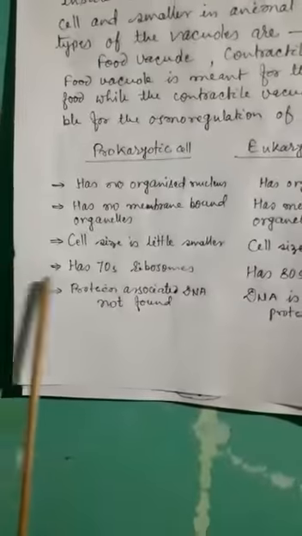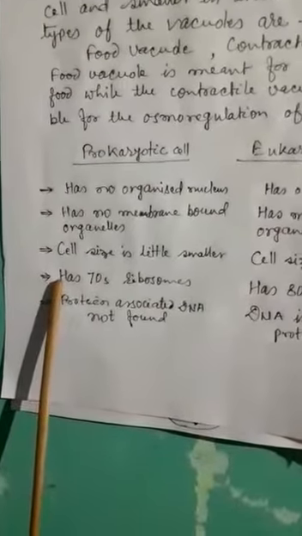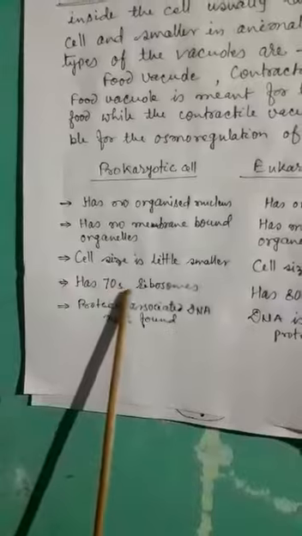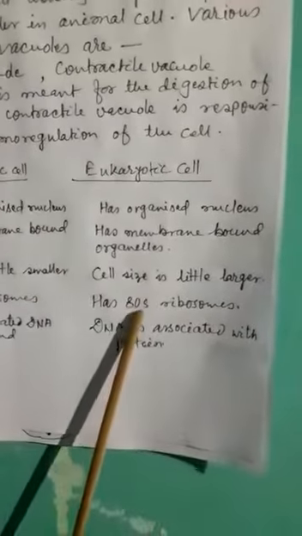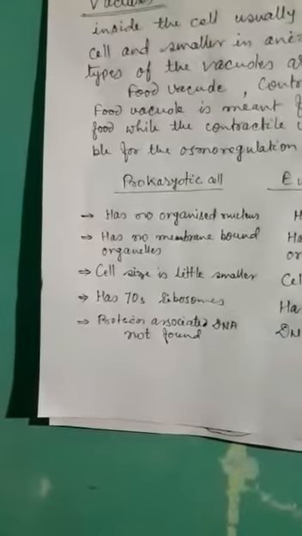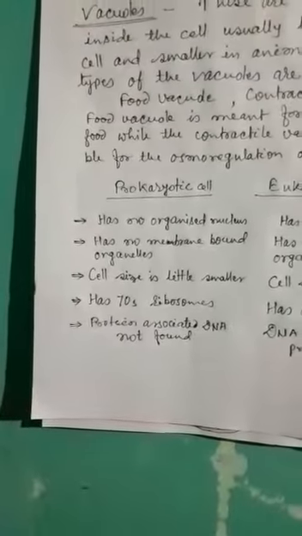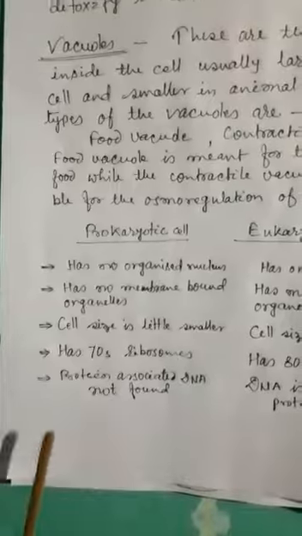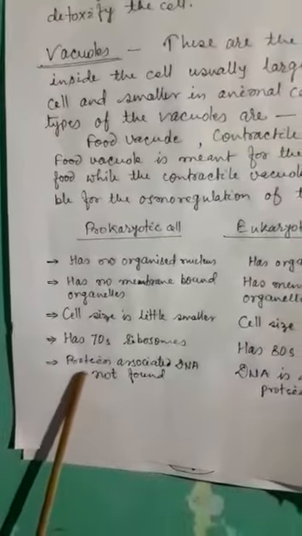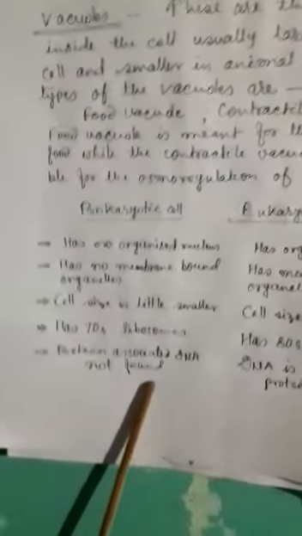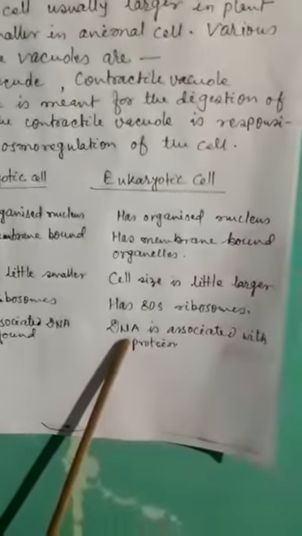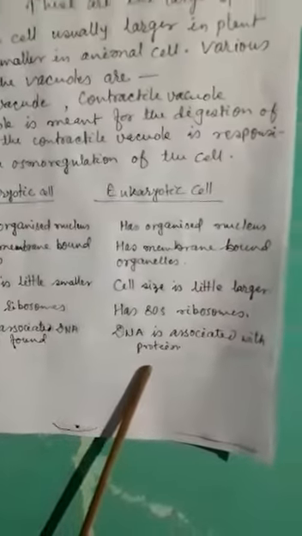The ribosomes we have seen earlier: in prokaryotic cell they are 70S, whereas in eukaryotic cell they are 80S. Another important feature is that the DNA in prokaryotic cell has no protein associated with it, whereas in eukaryotic cell, DNA is associated with protein.